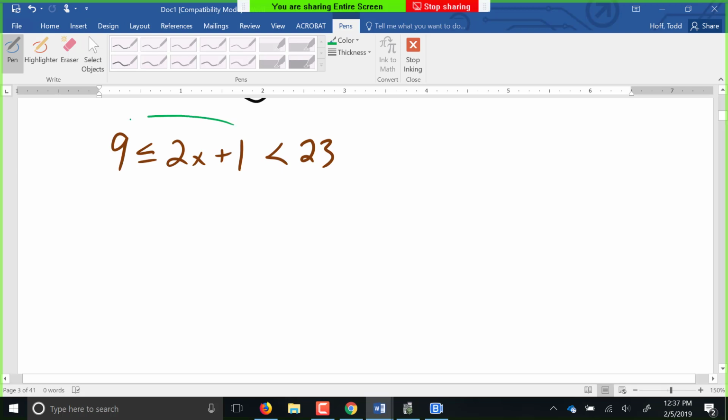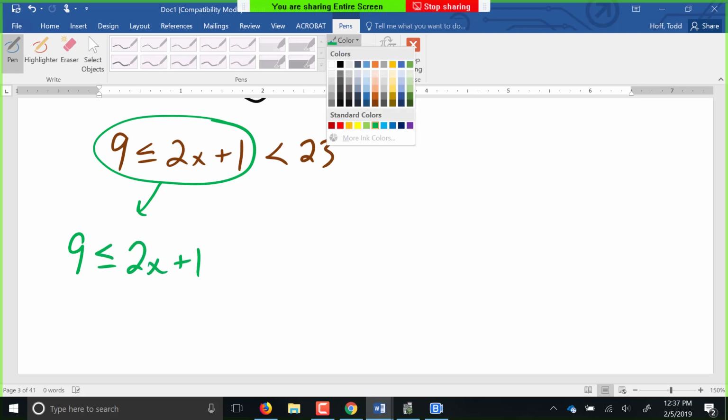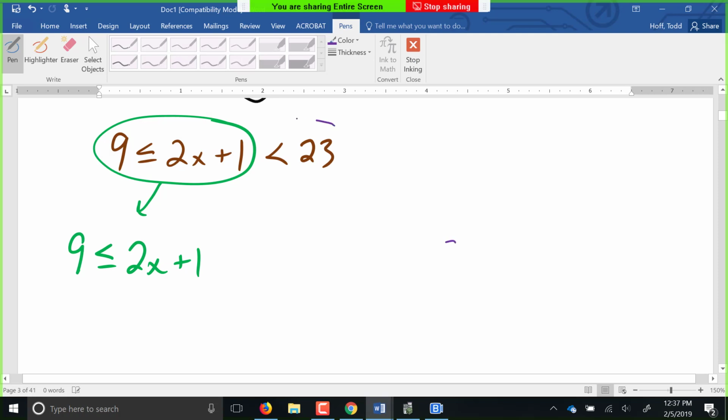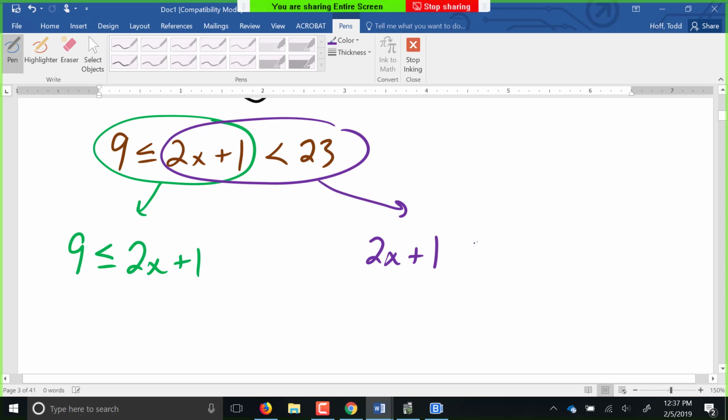There's really 2 inequalities here. There's this one, the first symbol and what's on either side of it, which is 9 is less than or equal to 2x plus 1. Then there's this second one over here, the second symbol, the second inequality, which is 2x plus 1 is strictly less than 23.